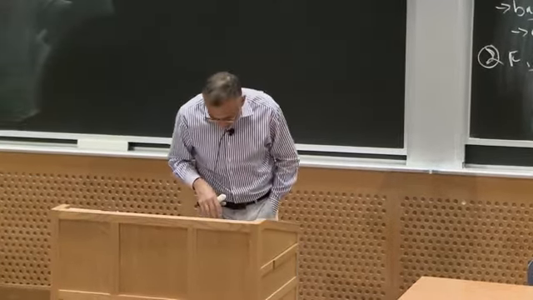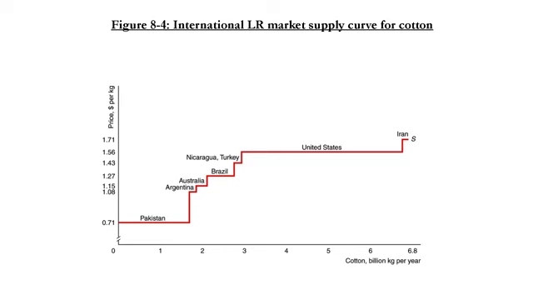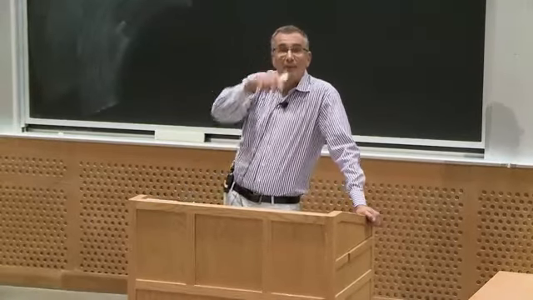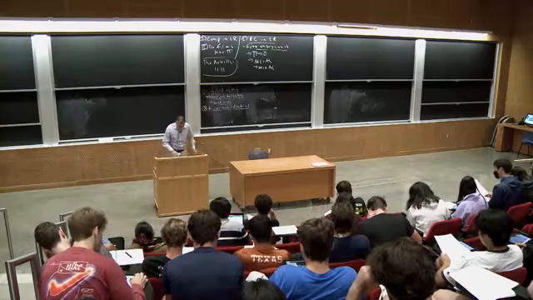But now let's say the demand curve is such that there's 5 billion kilograms demanded. If demand is 5 billion, what is the market price? If the demand for cotton is 5 billion, what's the market price? Yeah. Right. This is the supply curve.